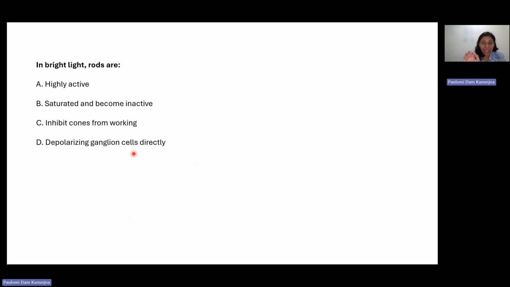So in bright light, rods are highly active, saturated and become inactive, inhibit cones from working, and depolarizing ganglion cells directly. So they are depolarizing the ganglion cells. What will happen if you depolarize ganglion cells, right?